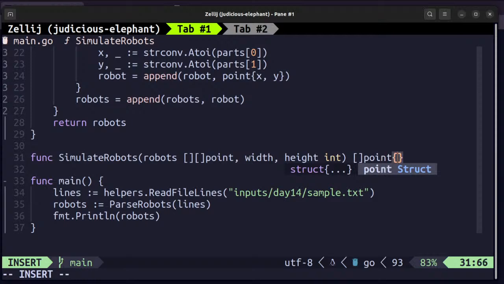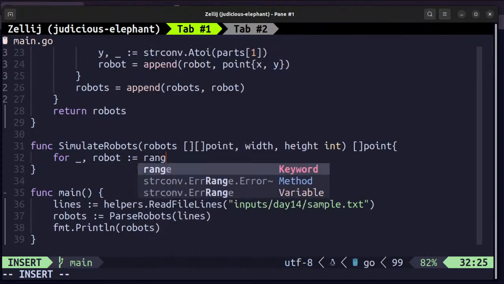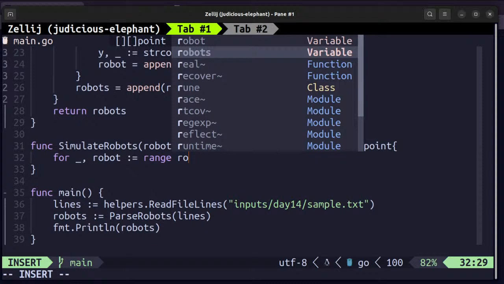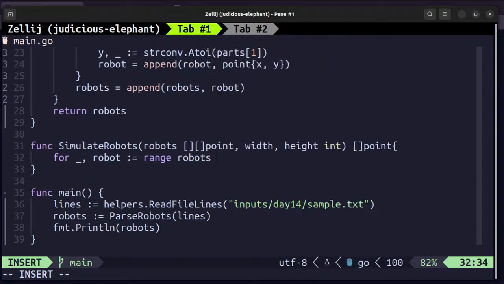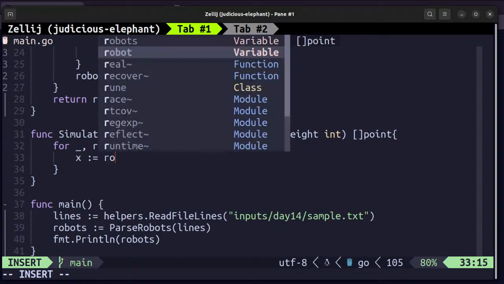So for robot in range robots, we need to compute the x coordinate. So we'll take it x as robot dot, okay, it is a list.